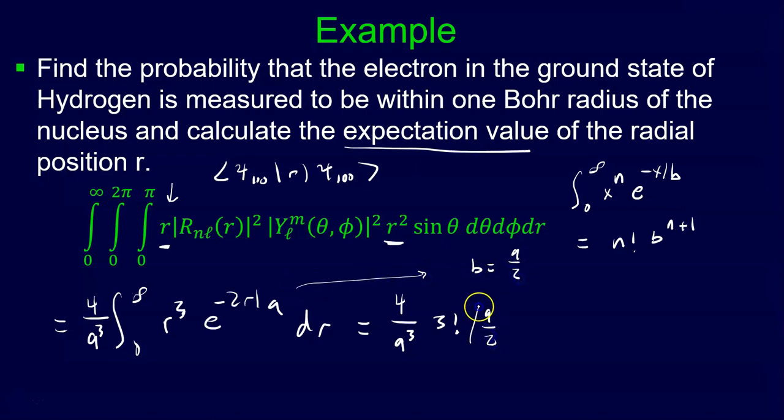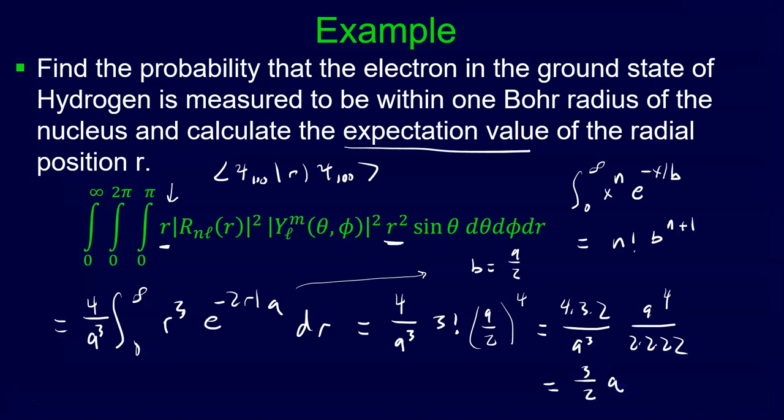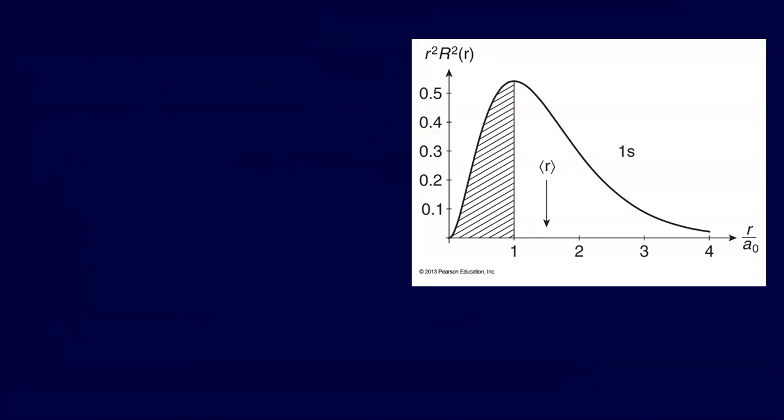You have to make sure you get that factor of 2 in there to the 4th power. So that'll be 4 times 3 times 2 times a to the 4th over a cubed times 2 times 2 times 2 times 2. When I did this, I got 3/2 the Bohr radius. Those are the kind of calculations you can do to be a little more precise.